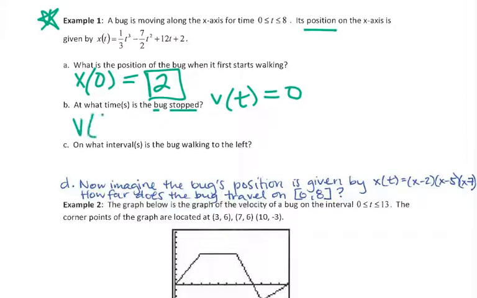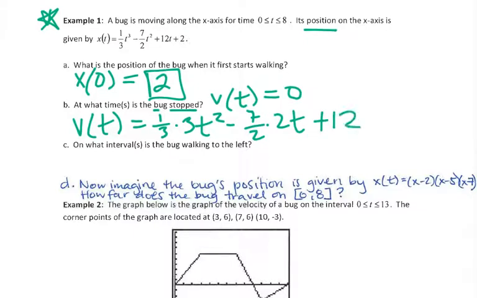The derivative of position here would be 1/3 times 3t squared minus 7 over 2 times 2t to the first plus 12. Okay, now the 1/3 and the 3 cancel. The 7 over 2 times 2, the 2's cancel. So we're left with t squared minus 7t plus 12.